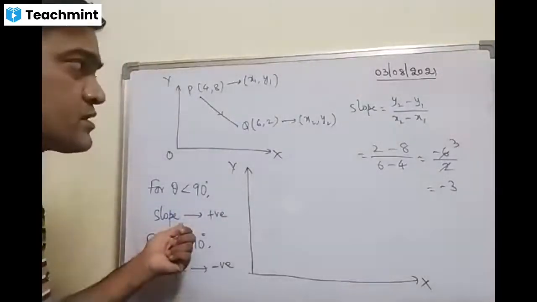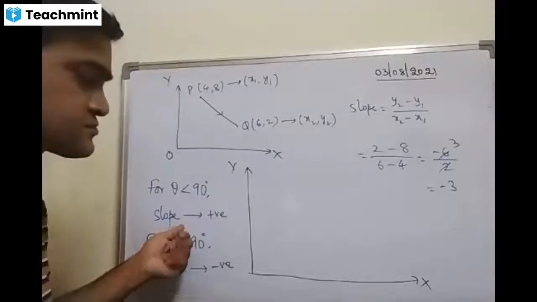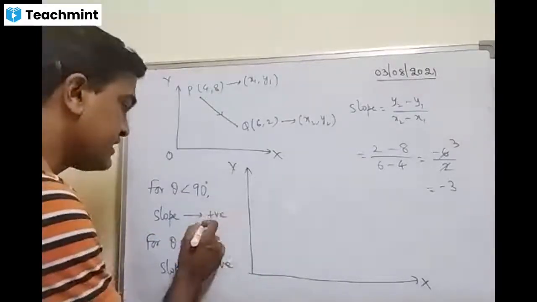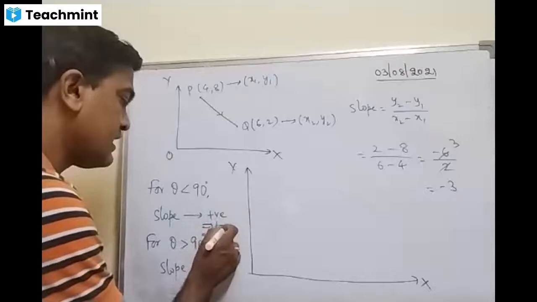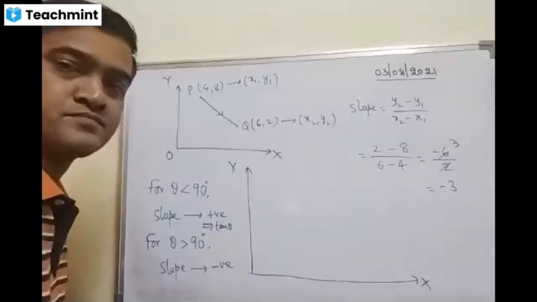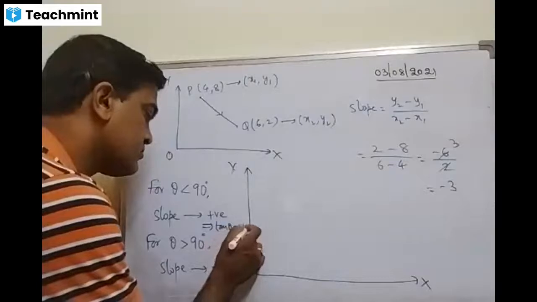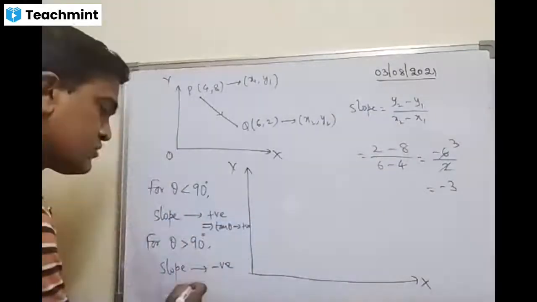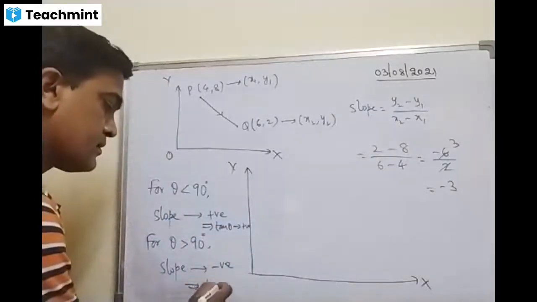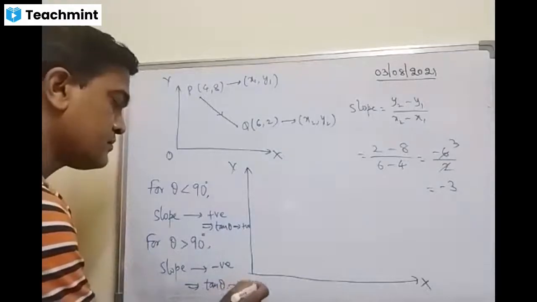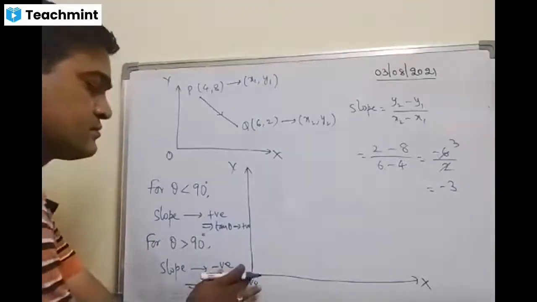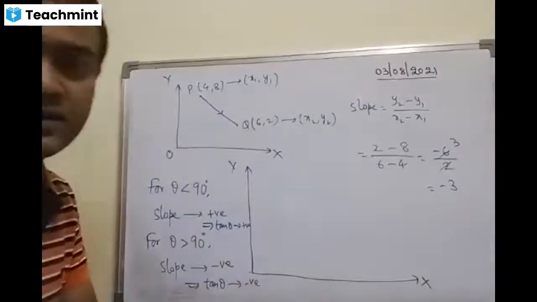Slope is nothing but tan theta, so tan theta is positive. Slope is negative means tan theta will be negative.